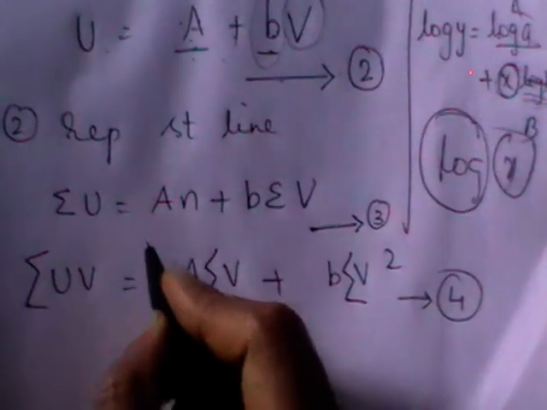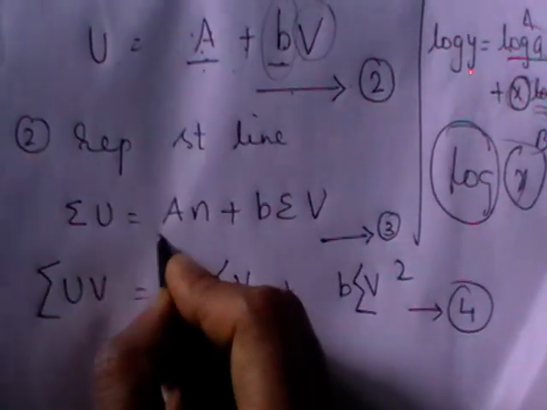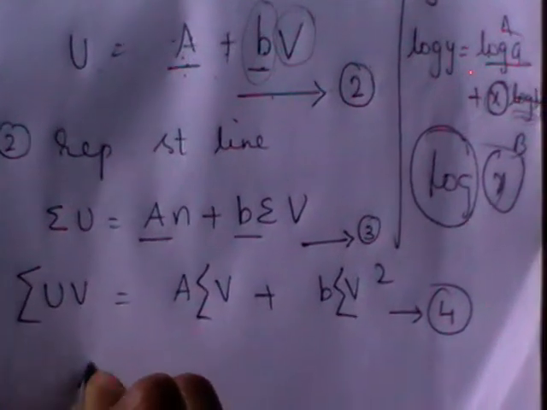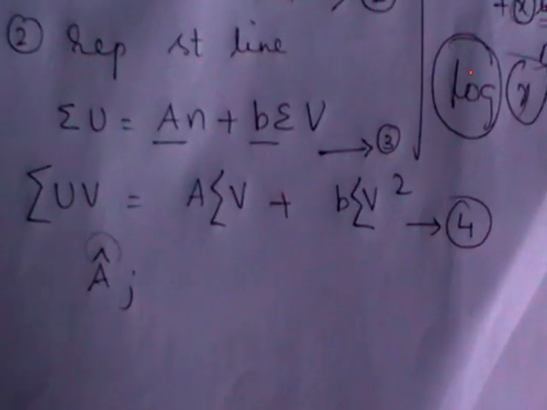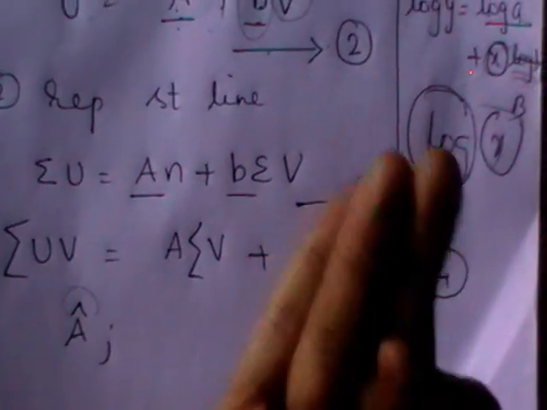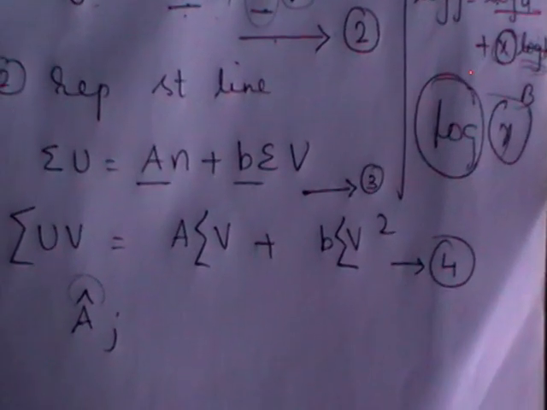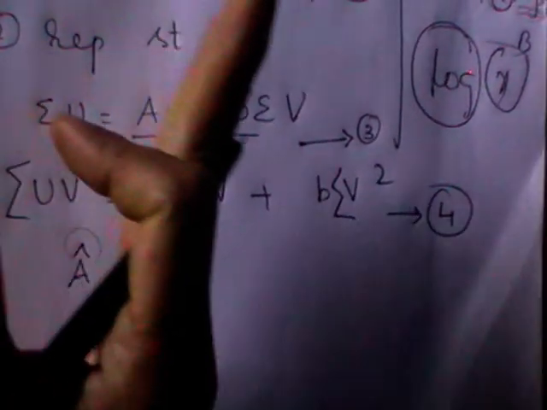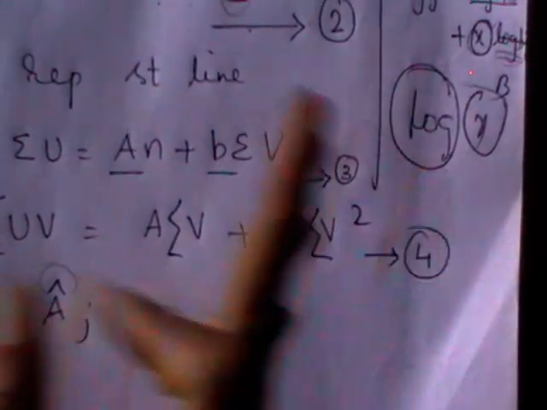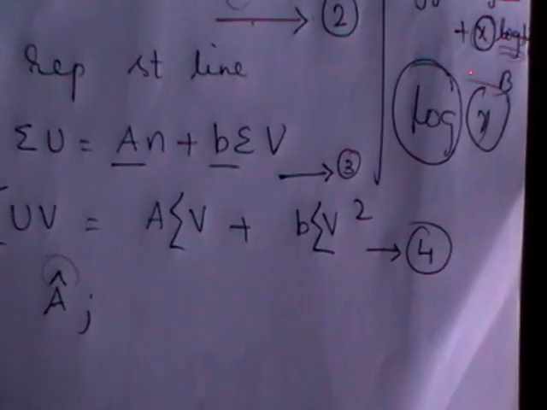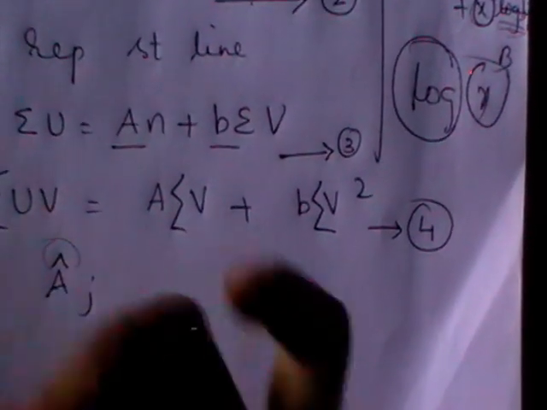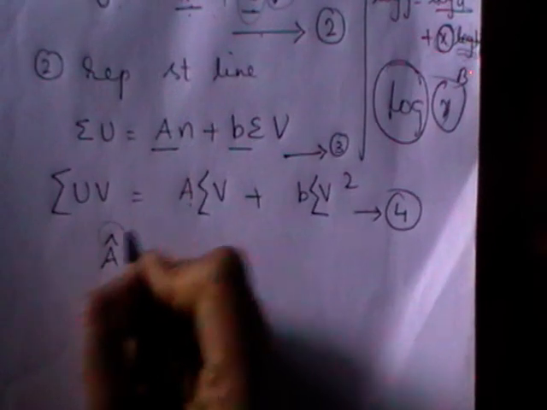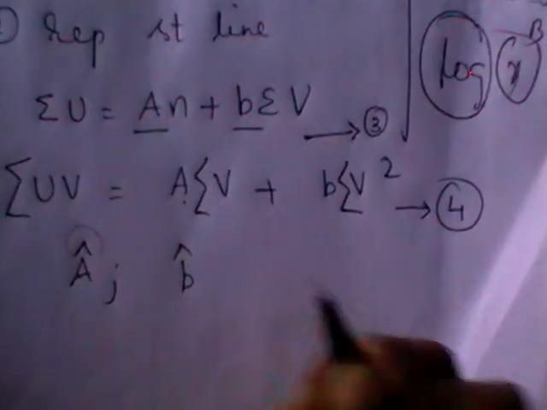By solving these two, you will get A and b values. The hat is for the values obtained after solving. If you do a numerical problem, you will get a better idea of each of these. After this theory part is done, I am going to take one numerical problem for each, so that you will get much clarity about this. So by solving these two, you will get capital A hat and b hat.